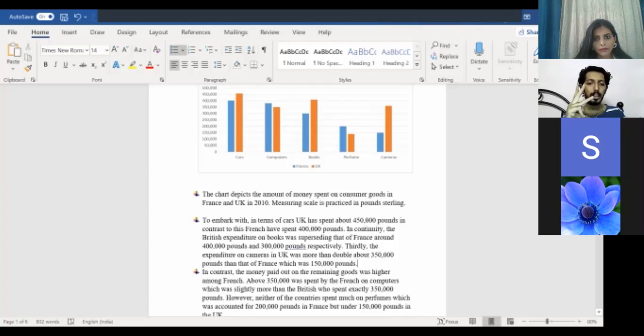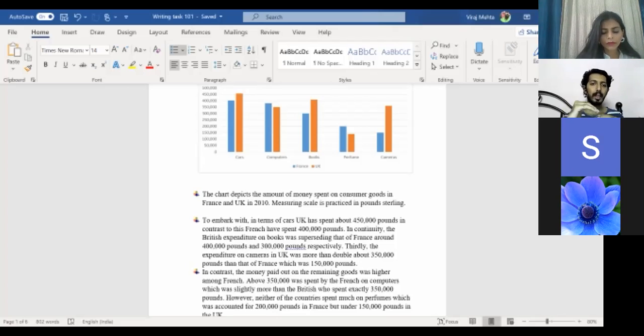So these could be 3 points when you attempt your bar graph. मैंने कैमरास के बारे में बताया जिसमें एक ड्रामेटिक डिफरेंस है एक दूसरे की प्राइसिंग के बीच में, मैंने कार्स के बीच में बताया जिसमें ड्रामेटिक एक्सपेंडिचर डिफरेंस है. मैंने बुक्स के बारे में बताया जहाँ इतना ज़्यादा ड्रामेटिक नहीं है और स्टिल UK स्पेंडिंग वे मोर than France. So that could be your first paragraph.